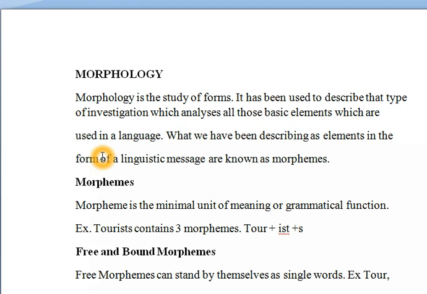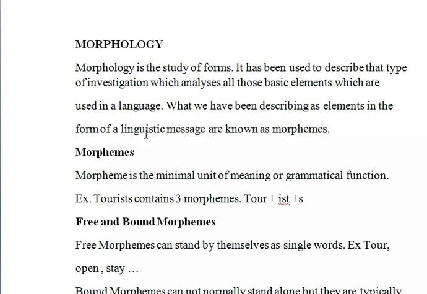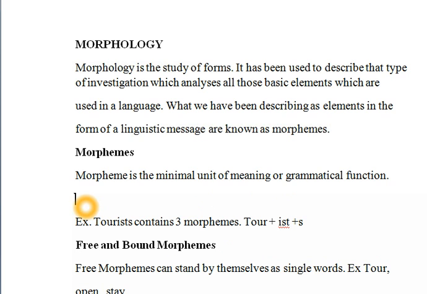We will study morphemes, and by a morpheme we mean the minimal unit of meaning or grammatical function. As you remember in the first lecture, we can give an easier example. For example, the word open.